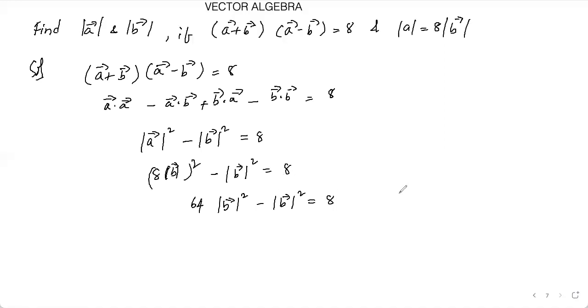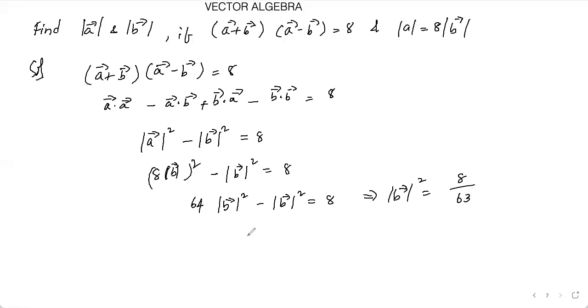So from this we get 63 mod B square as 8, that is 64 minus 1, which is 63. So mod B square is 8 by 63.